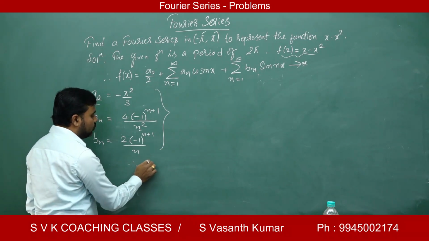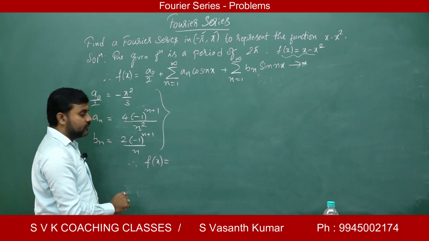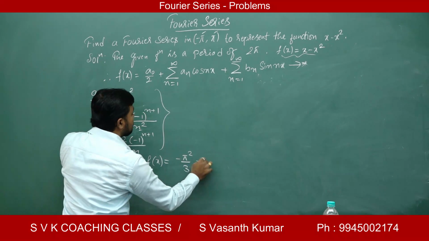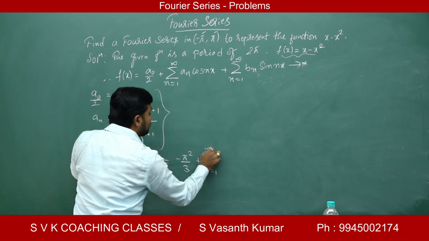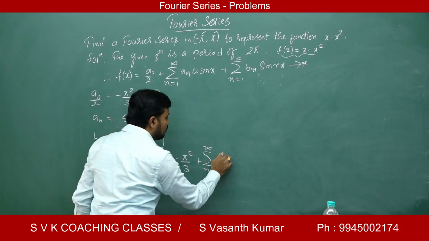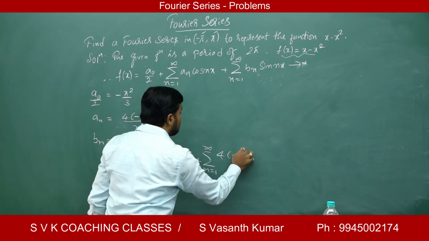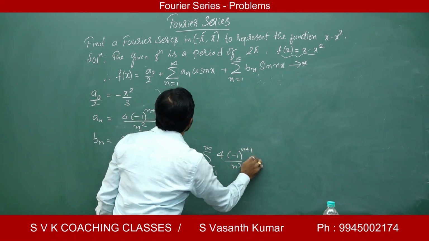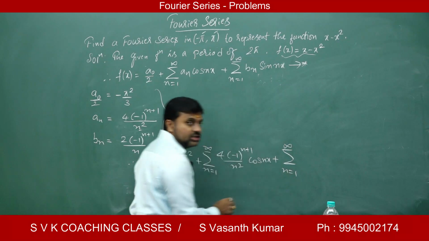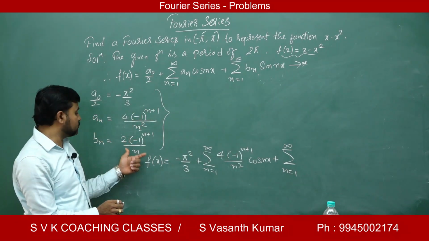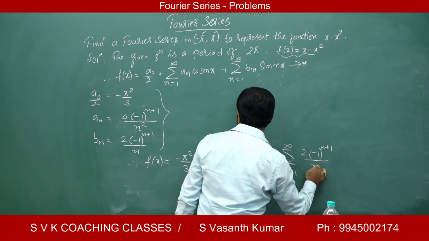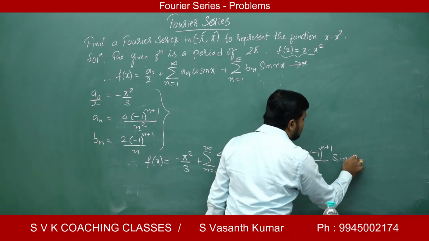Therefore f of x is equal to a naught by 2, which is minus pi square by 3, plus summation n equal to 1 to infinity of an, which is 4 times minus 1 power n plus 1 divided by n square, into cos nx, plus summation n equal to 1 to infinity of bn, which is 2 times minus 1 power n plus 1 divided by n, sin nx.